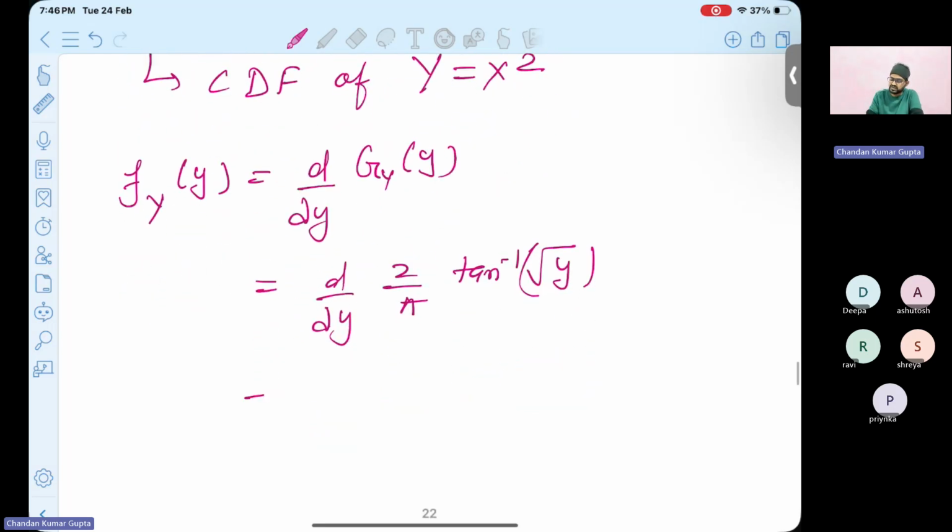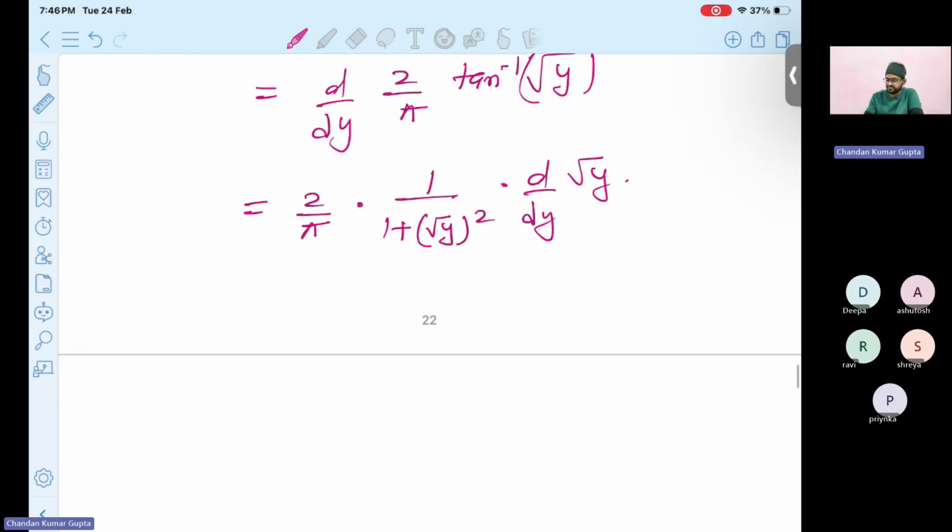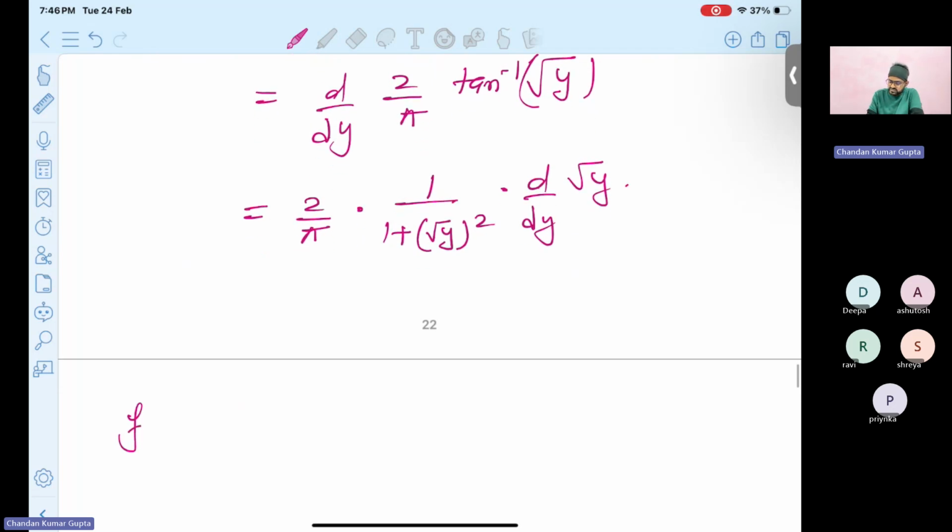So it comes out to be 2 upon pi, and 1 upon 1 plus x square. Here x is root y, so root y square comes out to be y. And then d dy of root y as well, because of the chain rule. So it comes out to be 2 upon pi into 1 upon 1 plus y into 1 upon 2 root y.